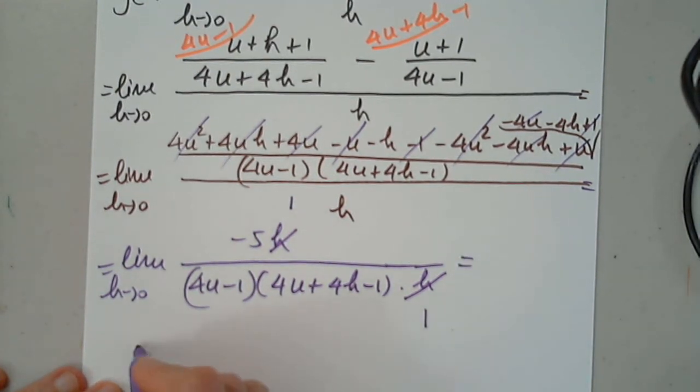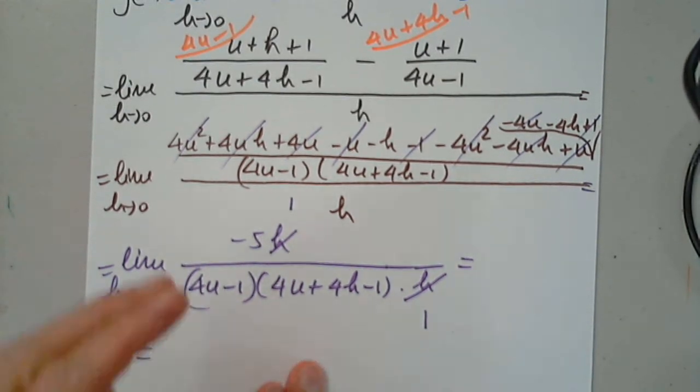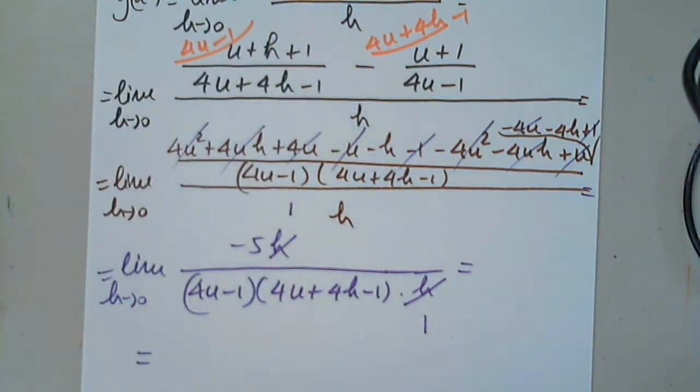And now I can apply the limit. Now the limit operator will be gone. What is the final answer, which will be the derivative function of the given function that gives the rate of change at any point where the original function is differentiable?